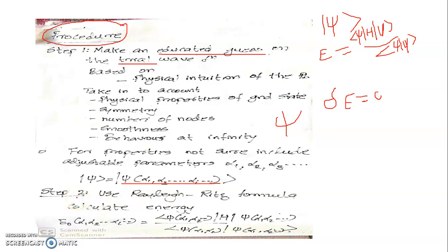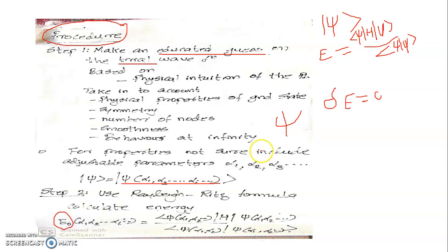Now in the next step, make use of the Rayleigh-Ritz formula to calculate the energy given by E0. Precisely, I have written it for the ground state. E0 of alpha 1, alpha 2, etc., alpha i, because this wave function psi itself is a function of alphas, equals the scalar product of psi with H psi divided by the scalar product of psi with psi.